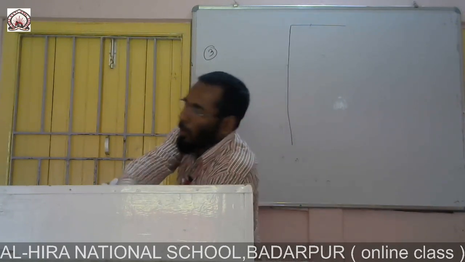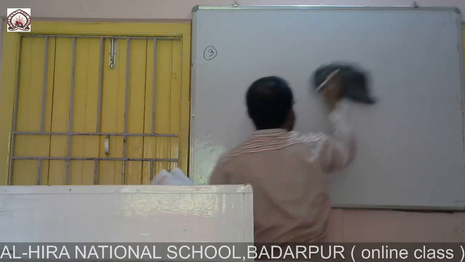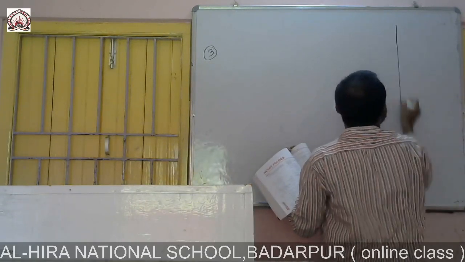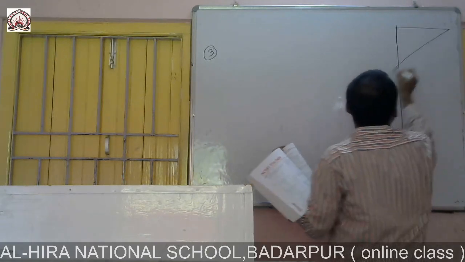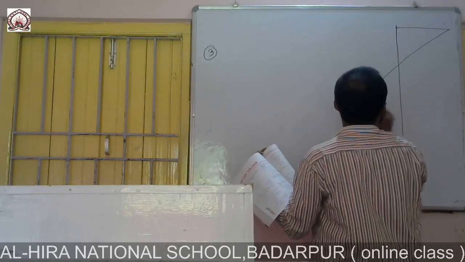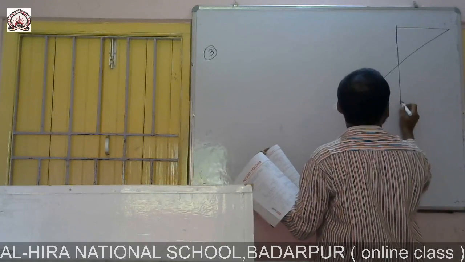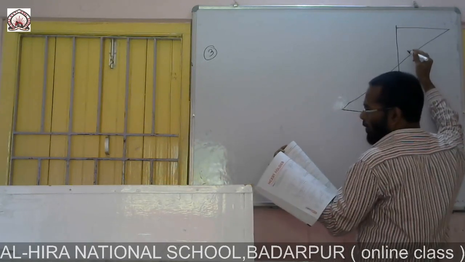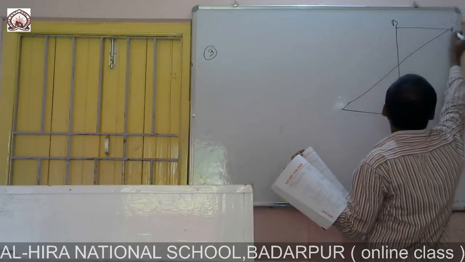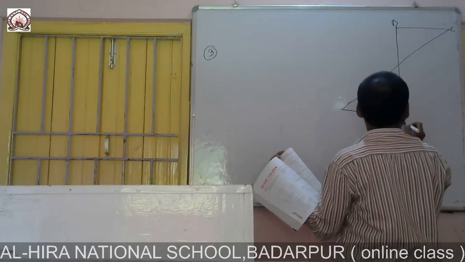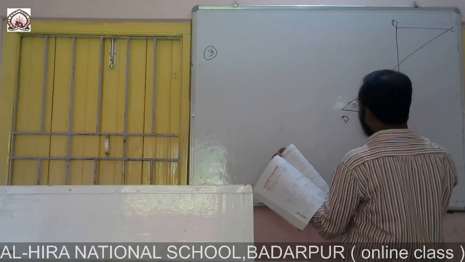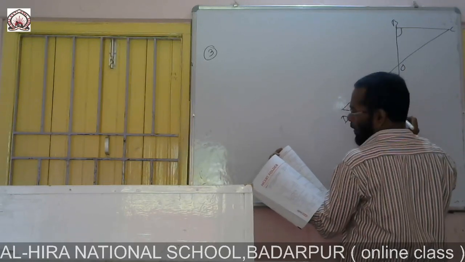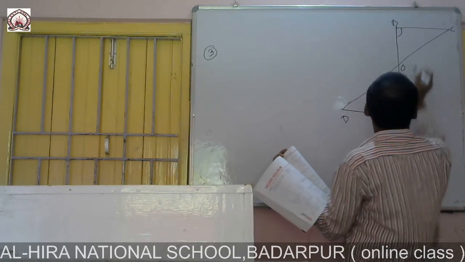If we draw the diagram on the right side, then it will be better. This is BC and then AD and then O. This one is given 90 degrees, and this side and this side.